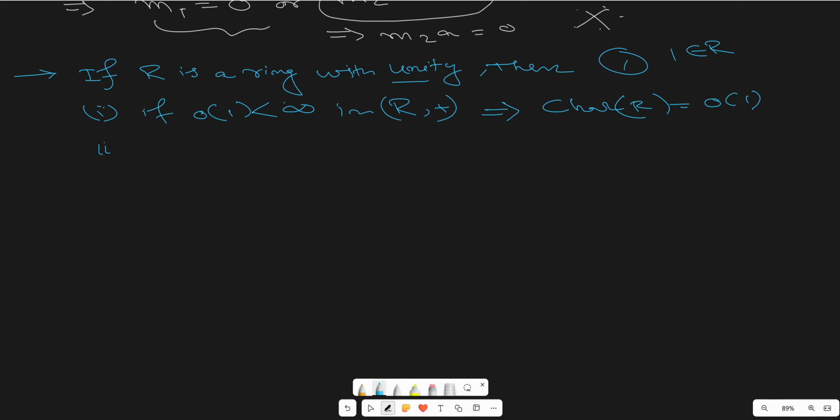And secondly, I will prove one more: if the order of 1 is infinite, that means you cannot find any smallest positive integer n such that this will give you the identity element, the order of 1 in the group R plus. Then the characteristic of the ring is 0.